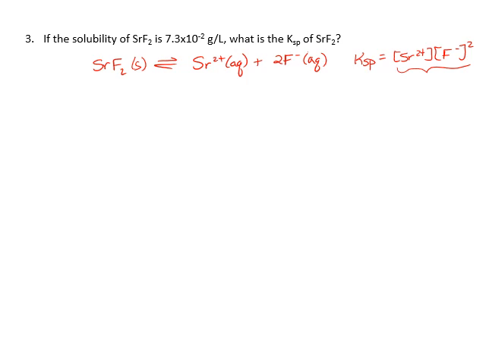Well, we were told that the gram solubility of strontium fluoride is 7.3 times 10 to the minus 2 grams, and again, that's the grams of the solid strontium fluoride per liter of solution. We can use the molar mass of strontium fluoride to figure out how many moles this would be.